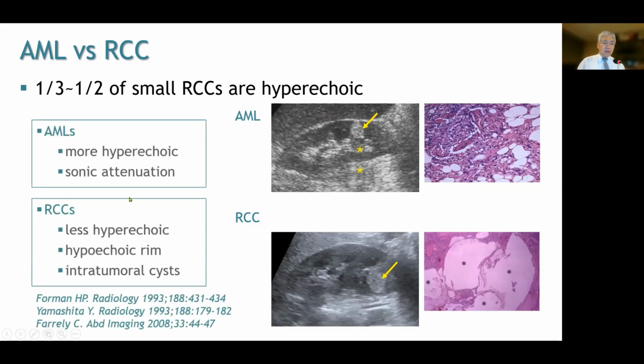Compared with renal cell carcinomas, angiomyolipomas are usually more hyperechoic and have posterior sonic attenuation, while the small hyperechoic renal cell carcinomas are less hyperechoic than angiomyolipomas and often have a peripheral hypoechoic rim and intratumoral cysts.